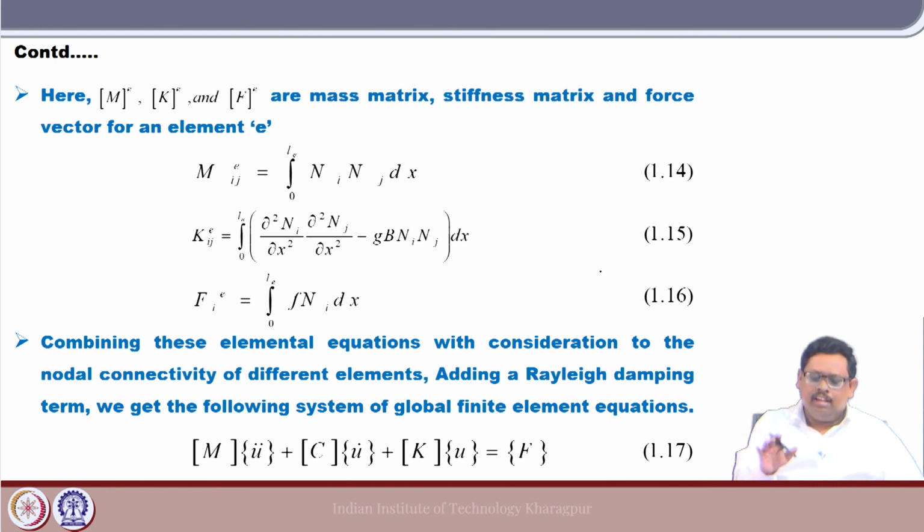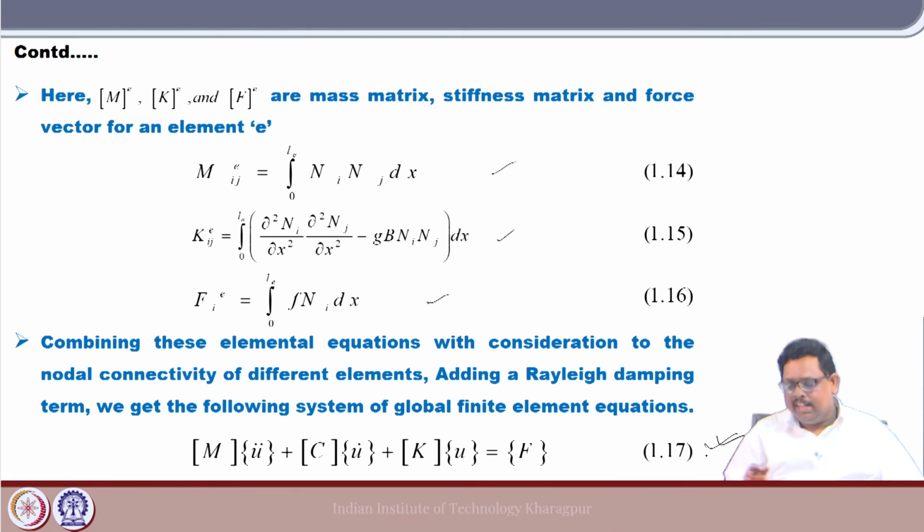This is how we can write the generalized mass matrix, stiffness matrix, and also the force matrix. Each detail, as I said, we are going to discuss in the next class, and then finally you can write the global equation of motion, which is 1.17.